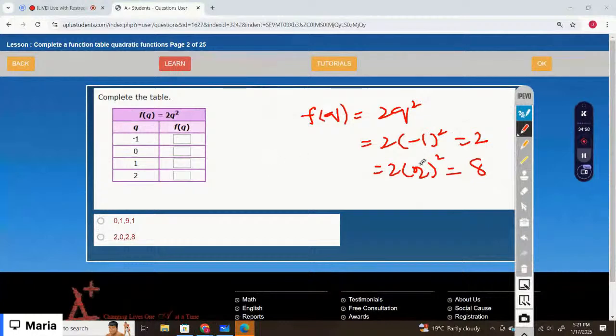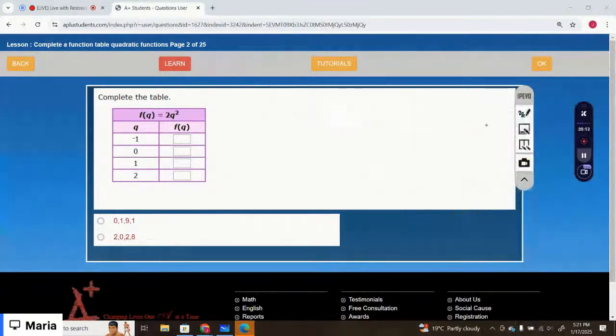Then you have 0. It is 0 times 2 is 0. Then you have 1. Again 2. 4 times 2, so that is 2, 0, 2, 8. Option number 2 is the correct option.